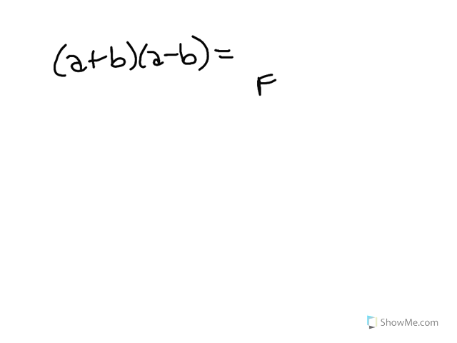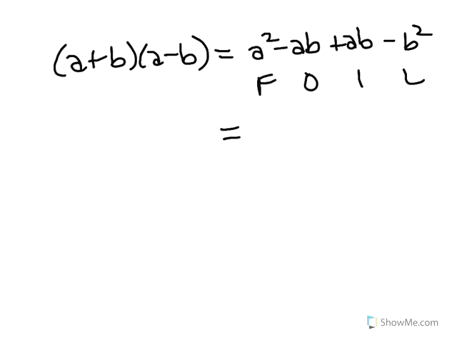FOIL method says we have first, outside, inside, last. The product of the first terms, a times a, is a squared. Outside terms, a times negative b is negative ab. The inside terms, b times a, ab, positive. And last times last, b times negative b is negative b squared.